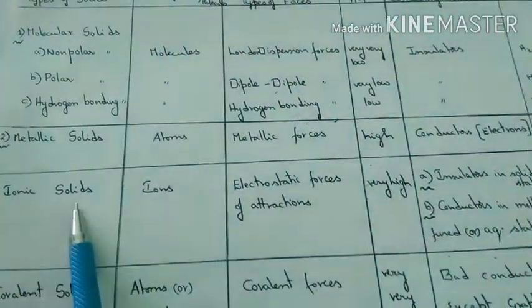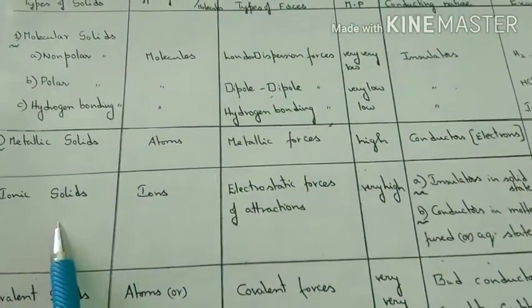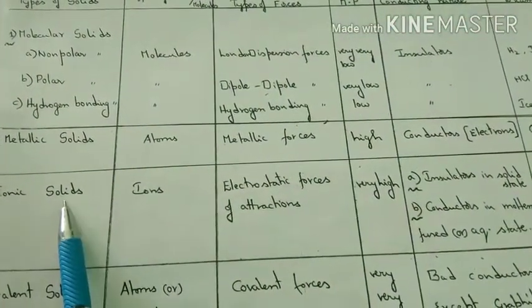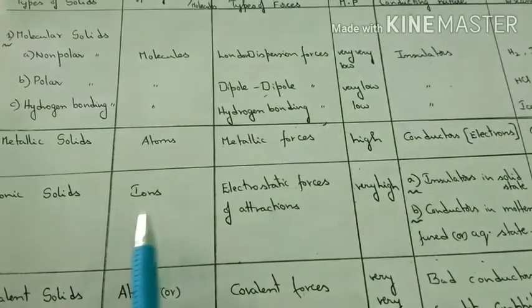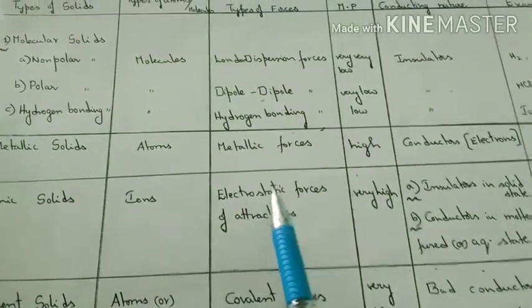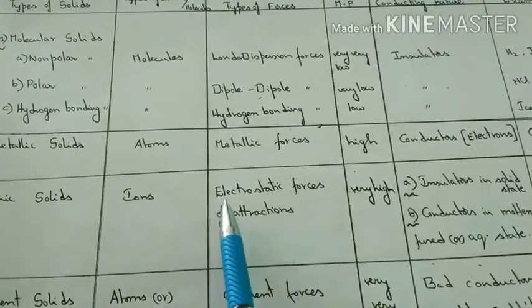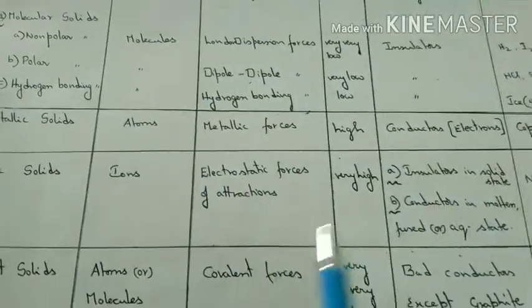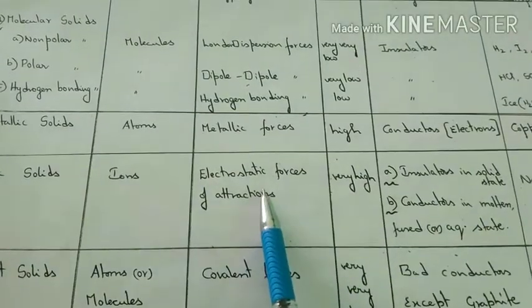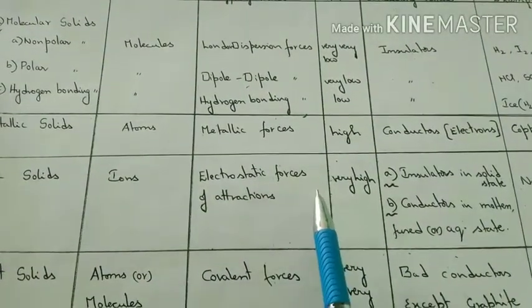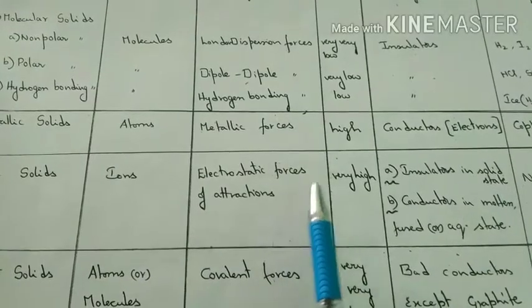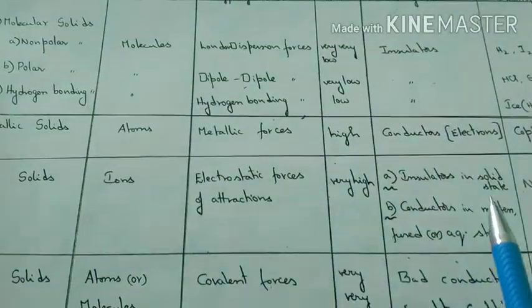Next one, ionic solids. Why are these called ionic solids? Because those solids contain ions. So particles are what? Ions. Between ions, which type of forces are present? We know that already: electrostatic forces of attraction. These forces of attraction are very high, so they have a higher melting point compared to metallic solids.